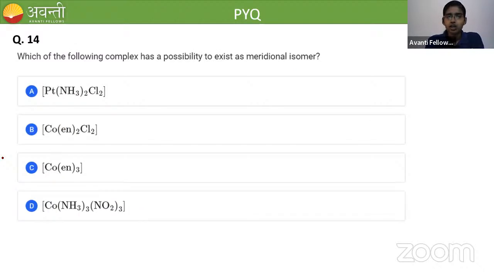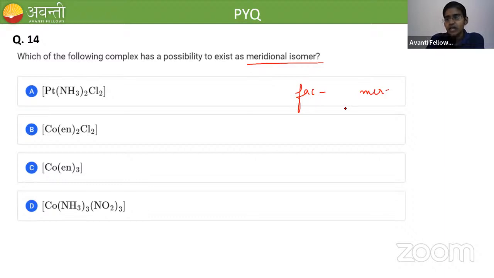Which of the following complexes has the possibility to exist as a meridional isomer? So which compound will exhibit meridional isomer? Meridional isomer and facial isomer. So the FAC isomer and MER isomer. MER is nothing but your meridional.